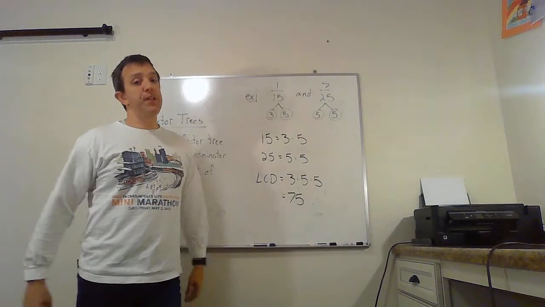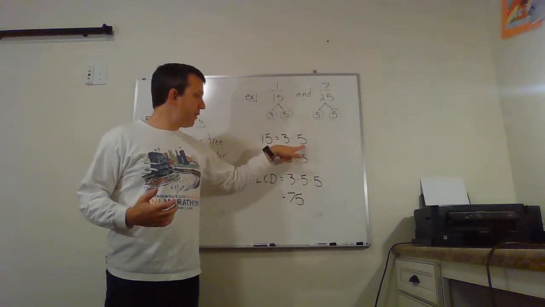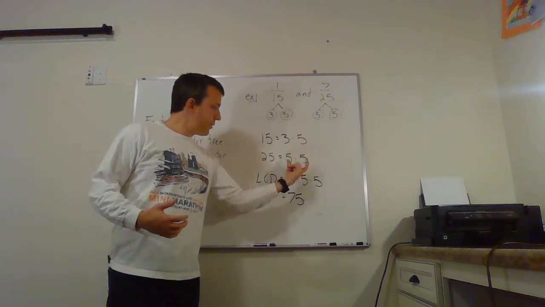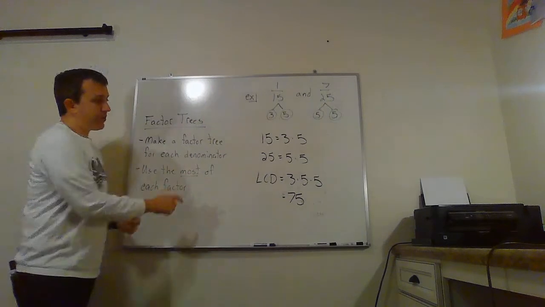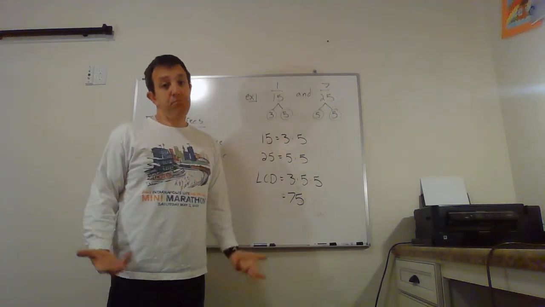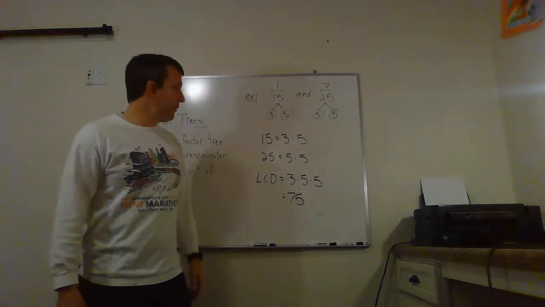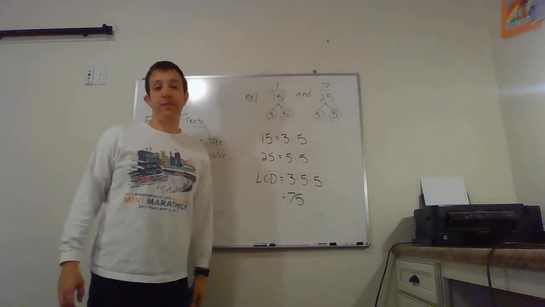The trickier bit is really the 5s here. Everybody wants to use all 3 5s, right? There's one for the 15 and 2 for the 25. But remember, the directions say to use the most. So what's more, 1 or 2? Well, hopefully it's pretty obviously 2. So I'm only going to use 2 5s.